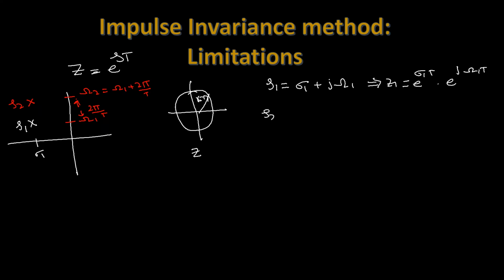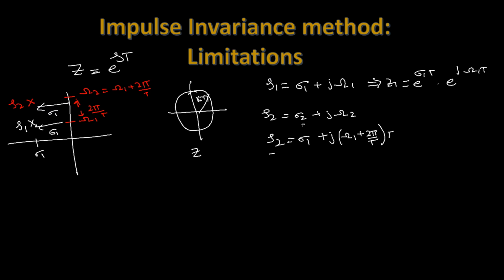S2 is sigma 2 plus j omega 2. Here sigma 2 is nothing but sigma 1, because both are at the same distance, right? So I can write sigma 2 is sigma 1, and omega 2 is omega 1 plus 2 pi by t into t.